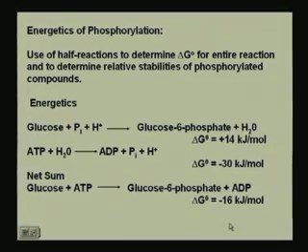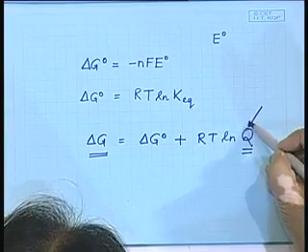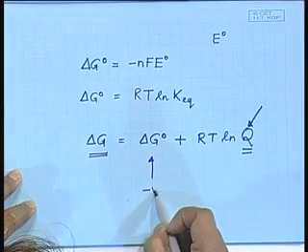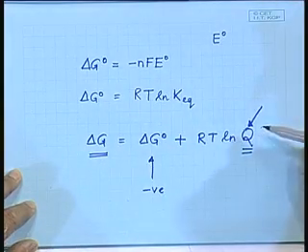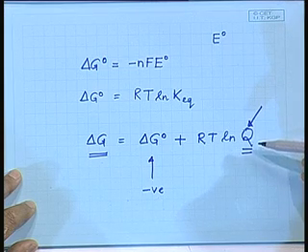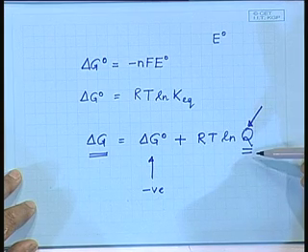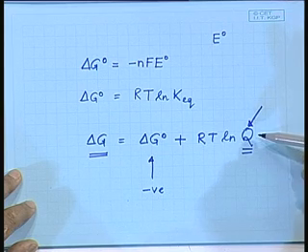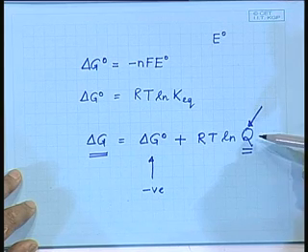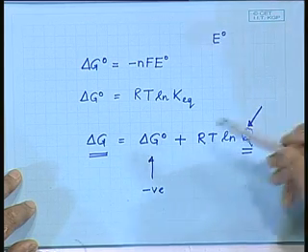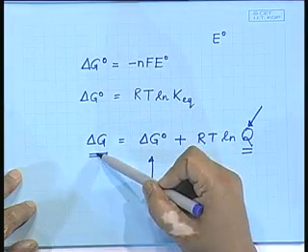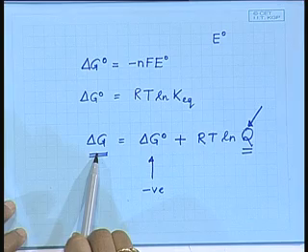What am I talking about? I am talking about this factor. This is negative, but the ratio of the products to the reactants is important here. You cannot have too high a concentration of the products, because that will overcompensate for the negative delta G0 you have here, making this non-spontaneous.